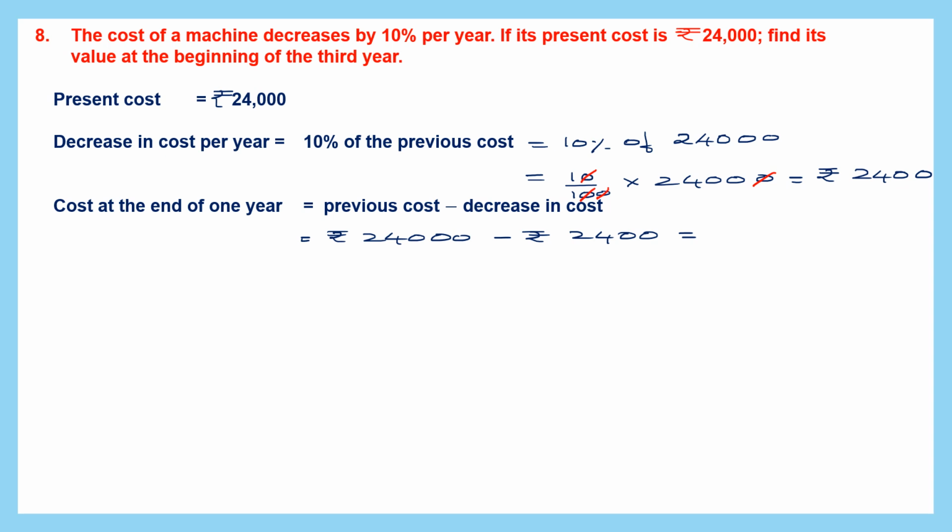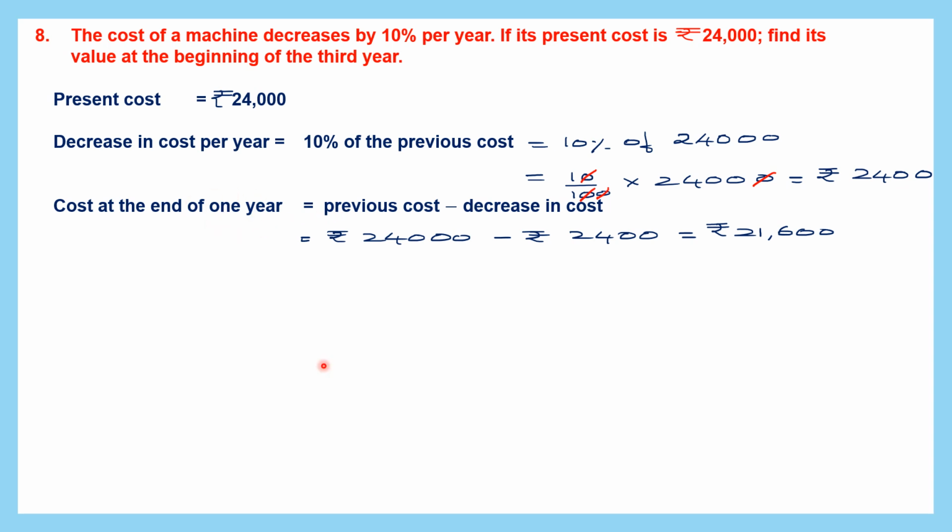So when you subtract these two, you get 21,600 rupees. So can you see at the beginning of the year it was 24,000 rupees. Then the cost reduced by 10%, that is 2,400, and now at the end of 1 year it is 21,600. Now we have only found for 1 year.